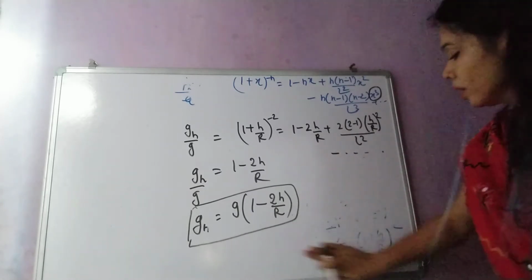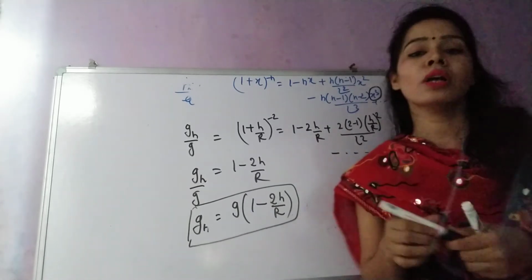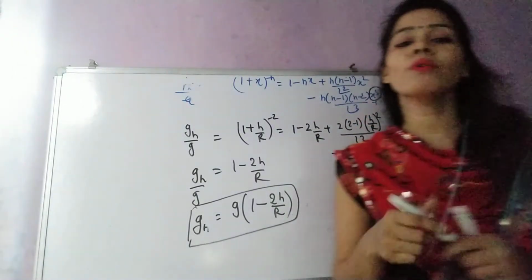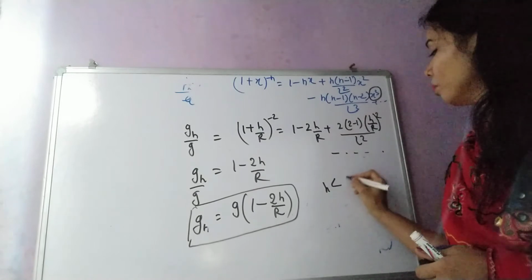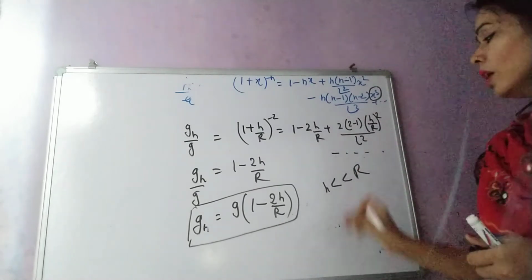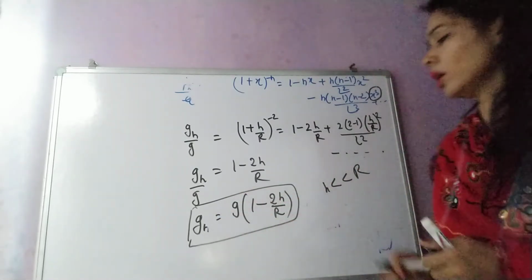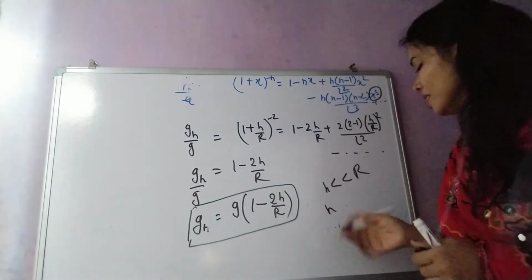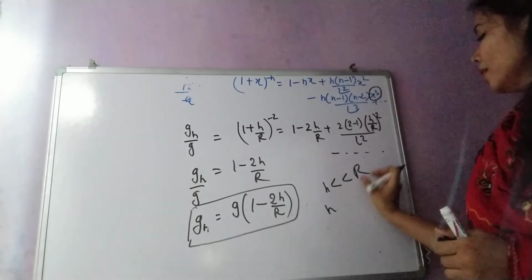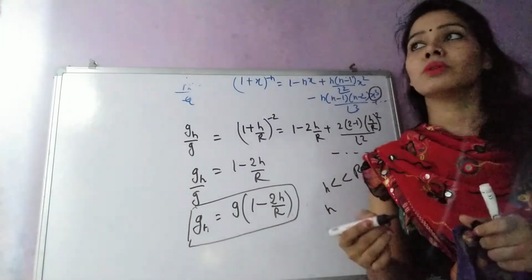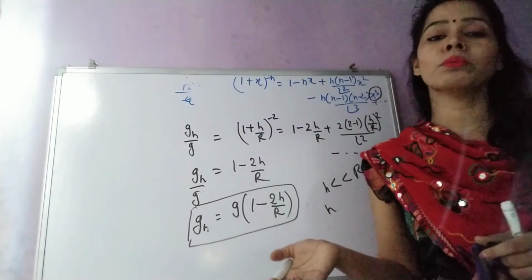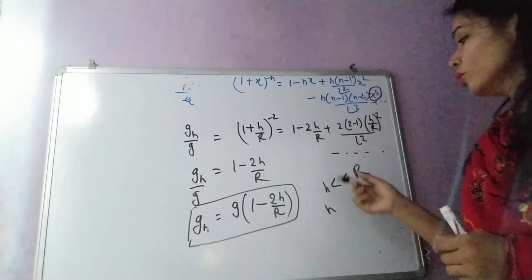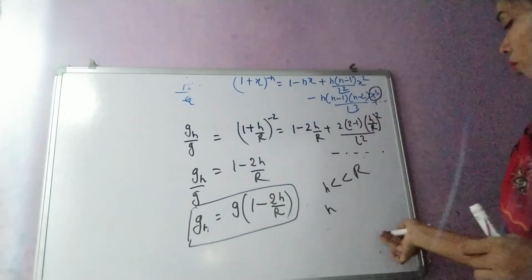Now if in any numerical the value of h is very small as compared to the radius of Earth, then you will use this formula. But if h is considerable as compared to r, like 3200 kilometers or 3000 meter, 1500 meter, then you will use the last formula I wrote.